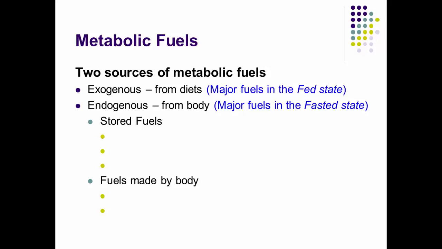Endogenous fuels are from the body, either we break down the stored energy or we can make the metabolic fuels during the fasting condition. So the endogenous fuels are the major fuels in the fasting conditions, right?